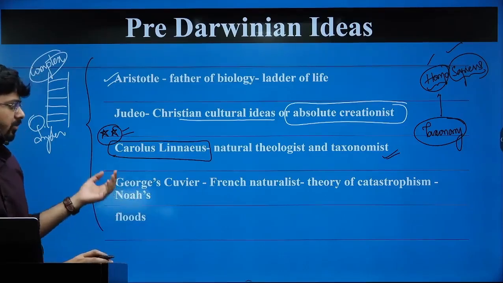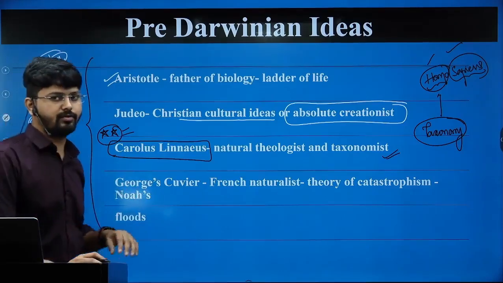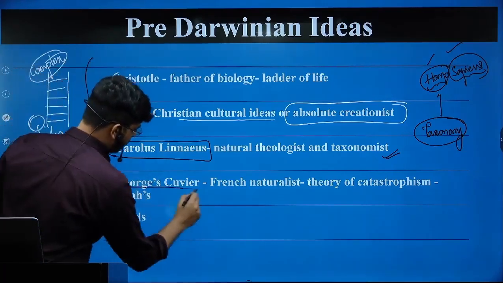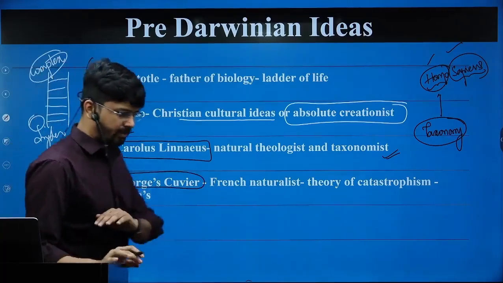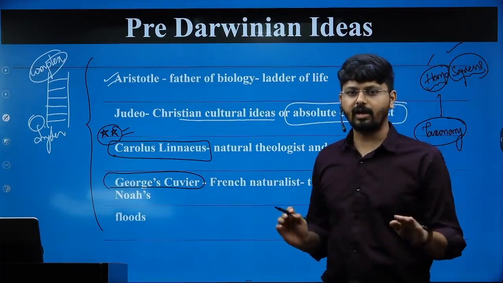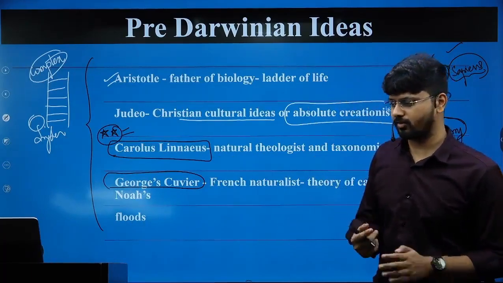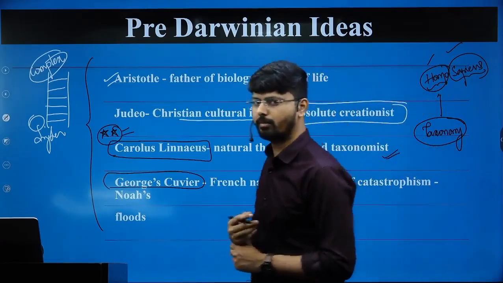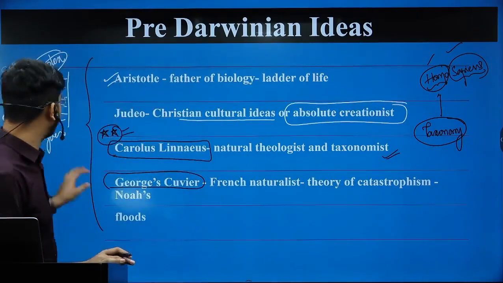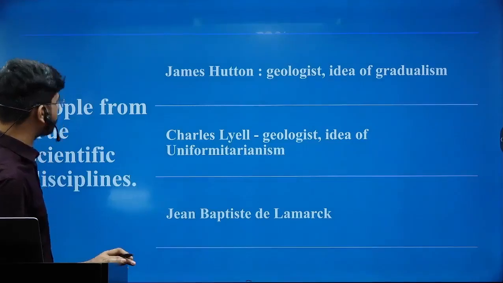Okay, so the theory of catastrophism by George Cuvier says that there is a catastrophe, a disaster that will vanish the entire organisms that are there, and it gives rise to new organisms. Okay, how will the new organisms come up? It is because of God's origin.